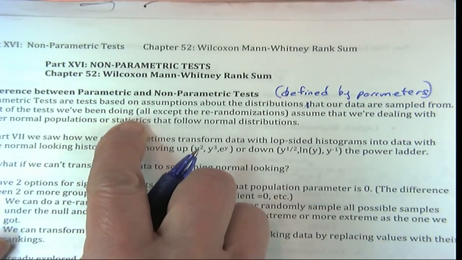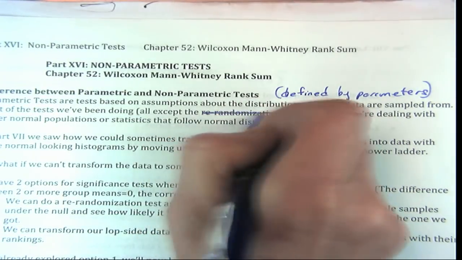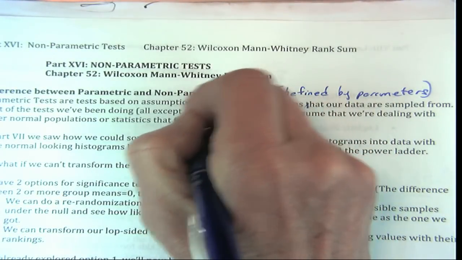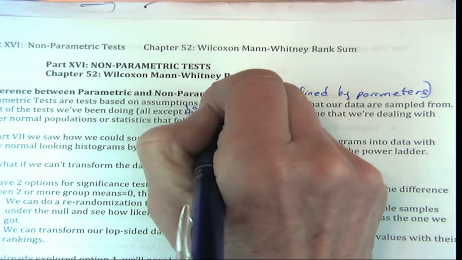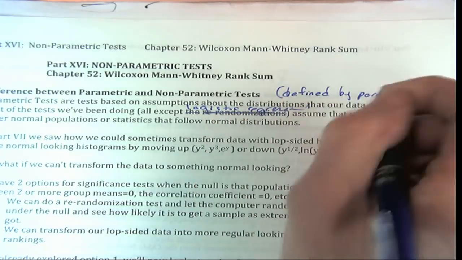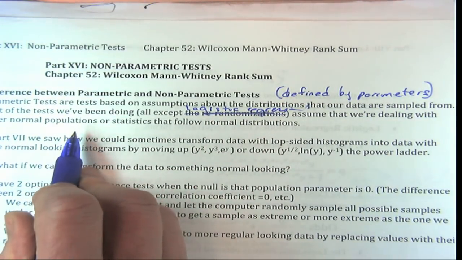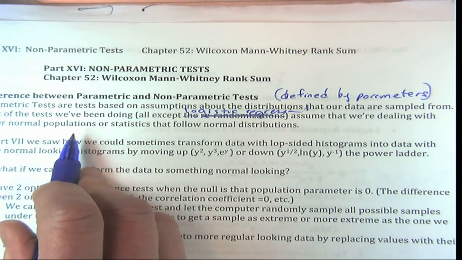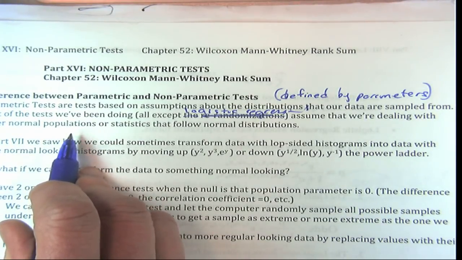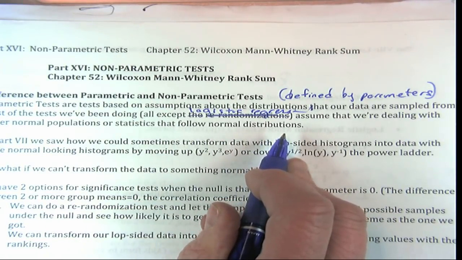Most of the tests we've been doing, all except logistic regression, assume that we're dealing with either normal populations, like the chi-squared and the z, or statistics that follow from normal distributions, like the t and the f.